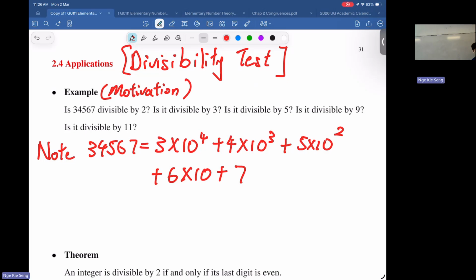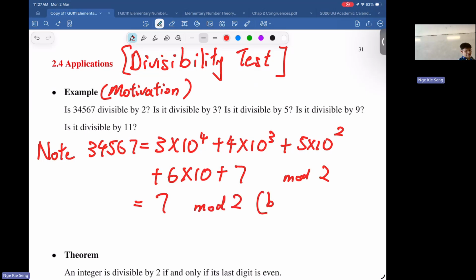So for example, why is this congruent mod 2? We don't need to look at 34567 yet, right? We can just process 10. Then we realize that the first 4 terms will disappear because 10 is congruent to 0 mod 2. Then you're left with 7 mod 2.